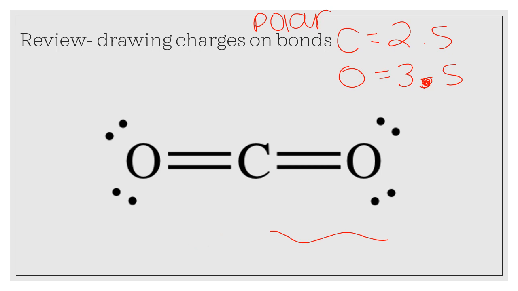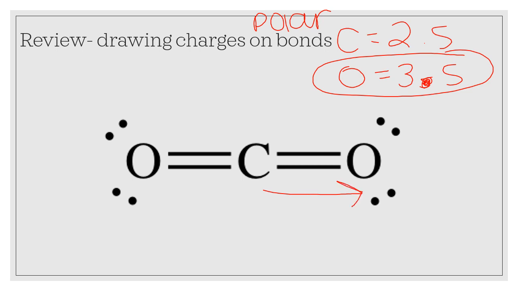And when the bond is polar, we have to draw symbols that signify it's a polar bond and where the charge is. You have arrows and the little symbols. We'll do arrows first. Because oxygen is more electronegative, the arrow points to the O. So there and over here. Now, that being a double bond doesn't change anything, you don't do anything weird.